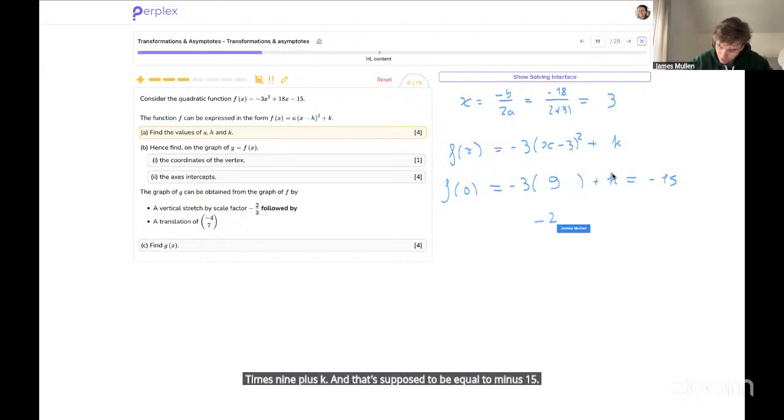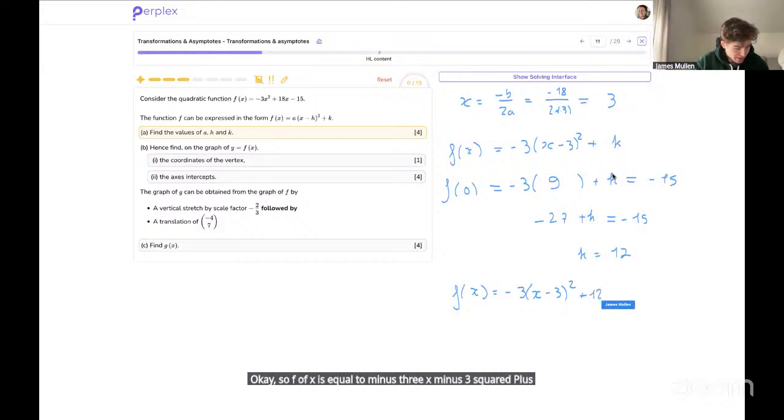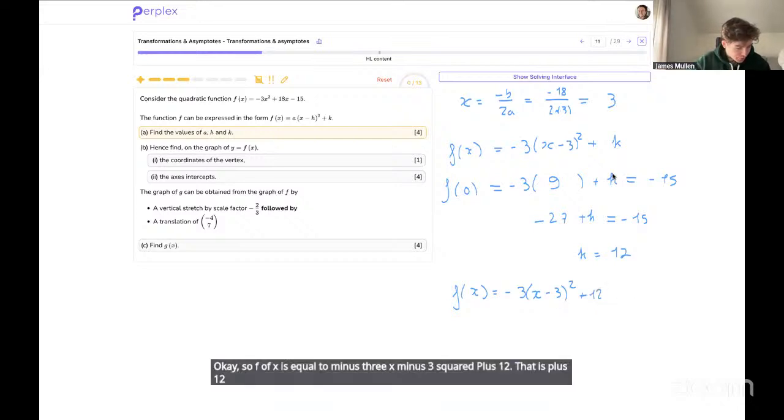So minus 27 plus k is equal to minus 15, which means that k is equal to 12. Okay? So f of x is equal to minus 3(x minus 3) squared plus 12. That is the answer to part A.